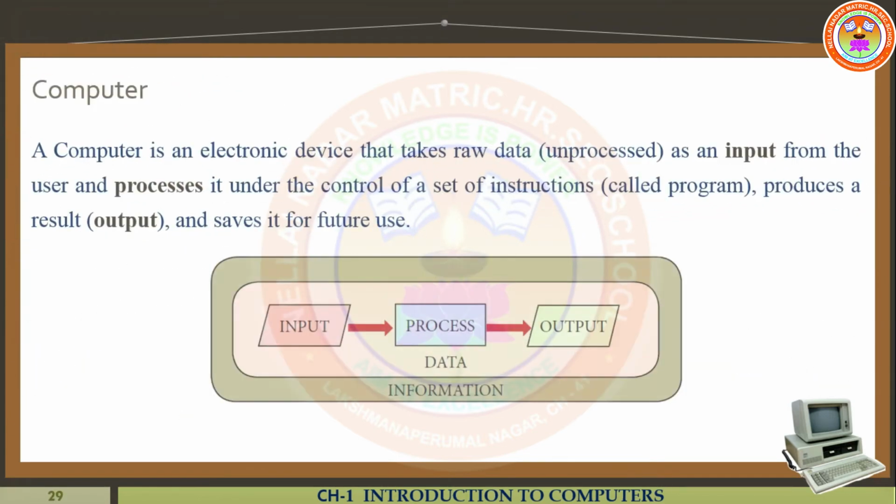See the diagram here for our computer. This is the action. Whenever we give data to the computer, automatically it will do this. So a computer is an electronic device that takes raw data, that means unprocessed data, as what? Input. So whatever unprocessed data we give to the computer is called what?